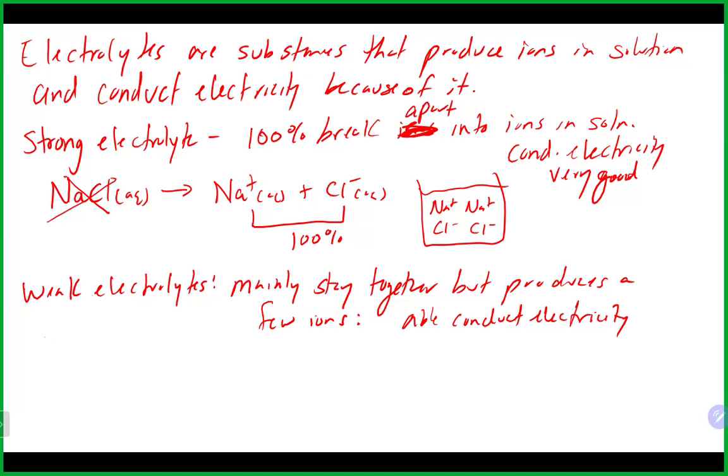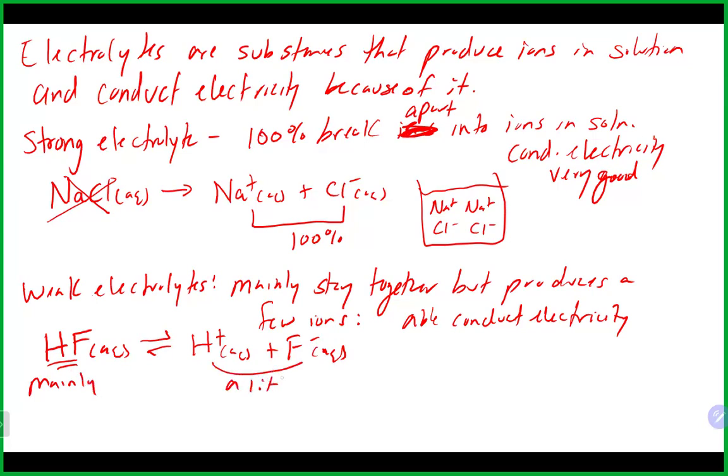A lot of weak acids and weak bases are weak electrolytes. So something like hydrofluoric acid, which is a weak acid, when it breaks apart in solution, it mainly stays together, but it's able to produce a little bit of H plus and a little bit of F minus.